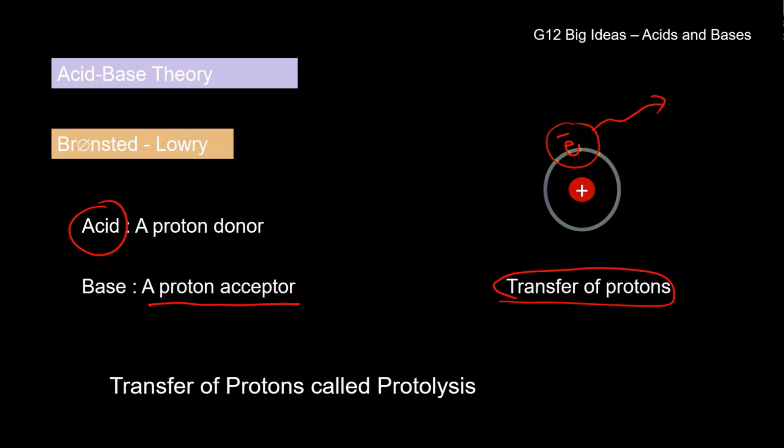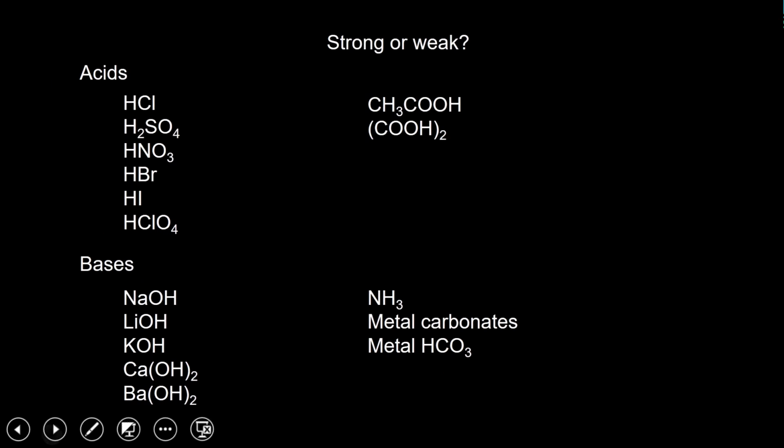There is this transfer of protons in this reaction, and the whole process, or this reaction, is called protolysis. Protolysis, the transfer of protons. What is the proton? The proton is the H plus ion. We know it as the proton. Now, we do have lists of acids and bases that are weak and that are strong.